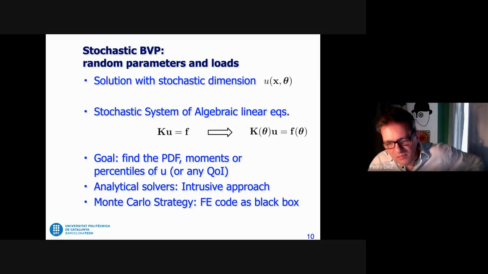As the input problem becomes stochastic, instead of having a deterministic linear system of equations like K times u equals f, we have something very similar, but the matrix becomes stochastic. So the matrix has an average, a standard deviation, a probability distribution. The same happens with the vector of forces.